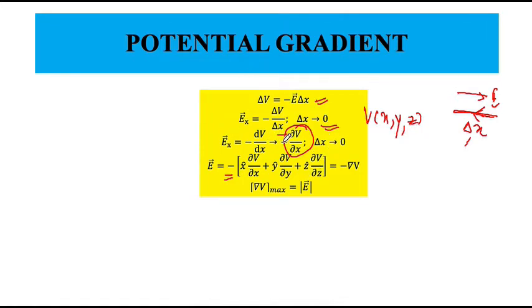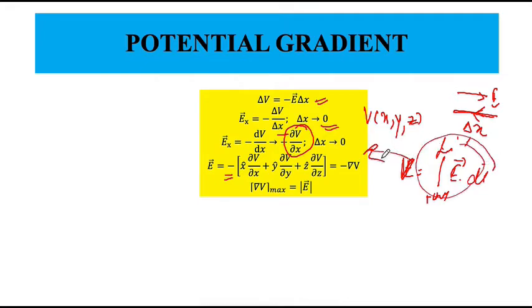This is a particular expression in which I have managed to invert the integral relationship. The integral relationship, as we have seen earlier, was minus the integral from the initial point to some final point of E dot dl, and that was my V. So I just inverted this to get this partial expression.